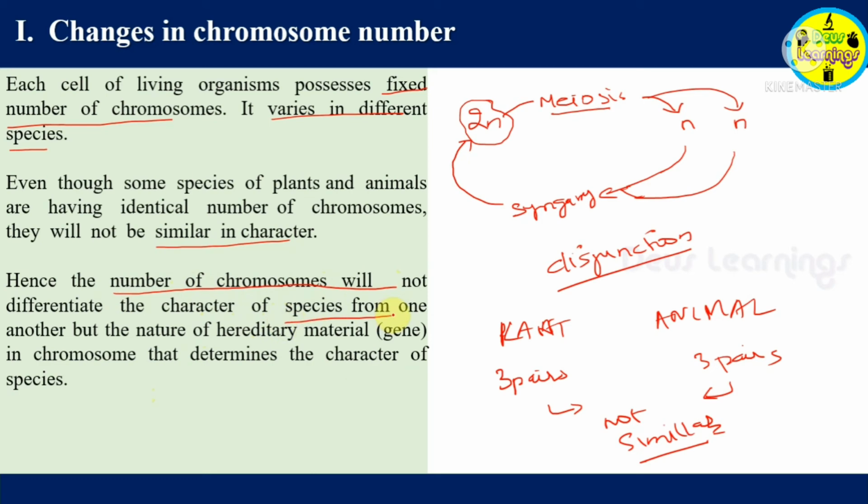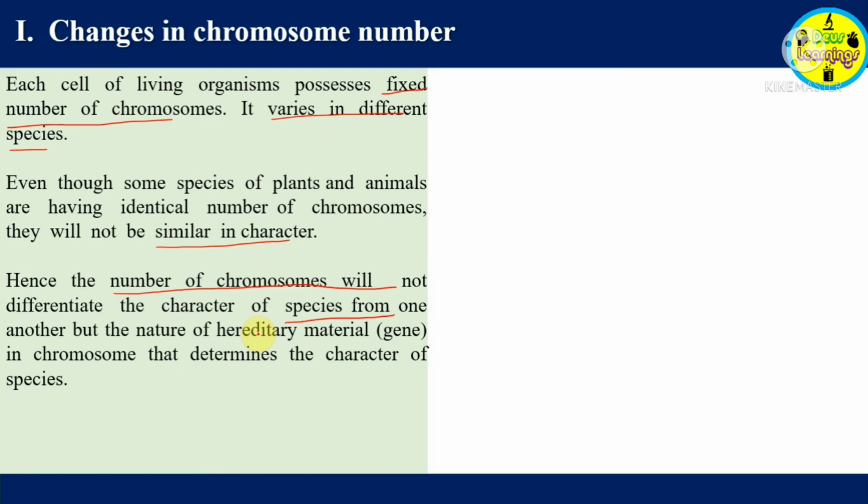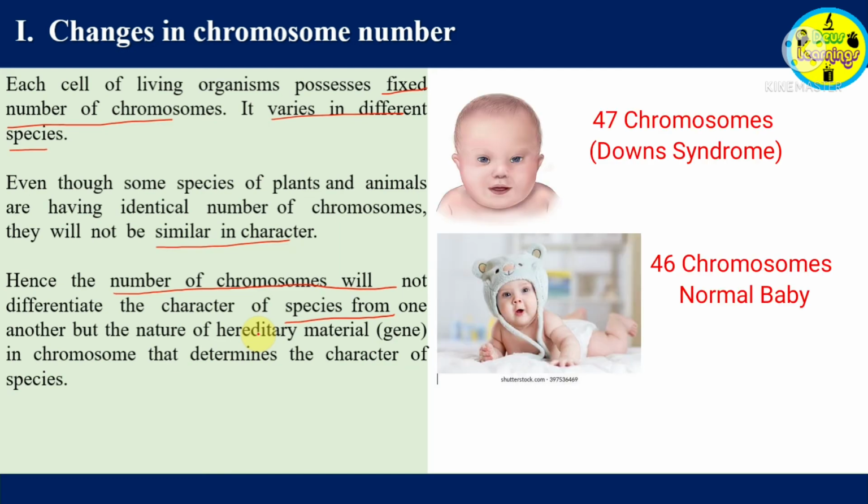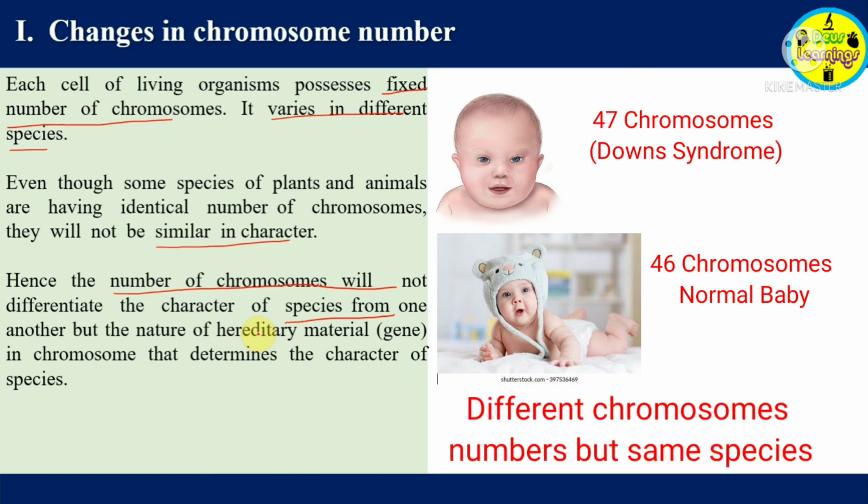For example, in a disease called trisomy, like 21st trisomy, a person has one more copy of chromosome number 21. Because of that, you cannot say this is no longer a human and he is something else. That's not going to work.